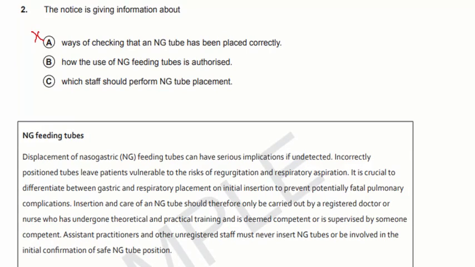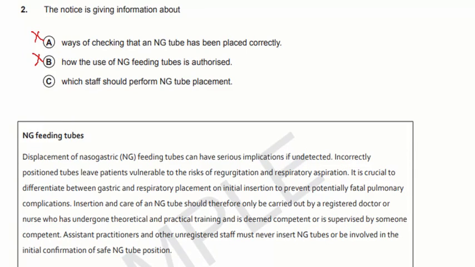You may think that they're talking about who's authorized to use them, but actually it is written how the use of nasogastric feeding tubes is authorized, how the mechanism of authorization, like the conditions it should be authorized in, and this is not mentioned here in the text, so this one also is incorrect.